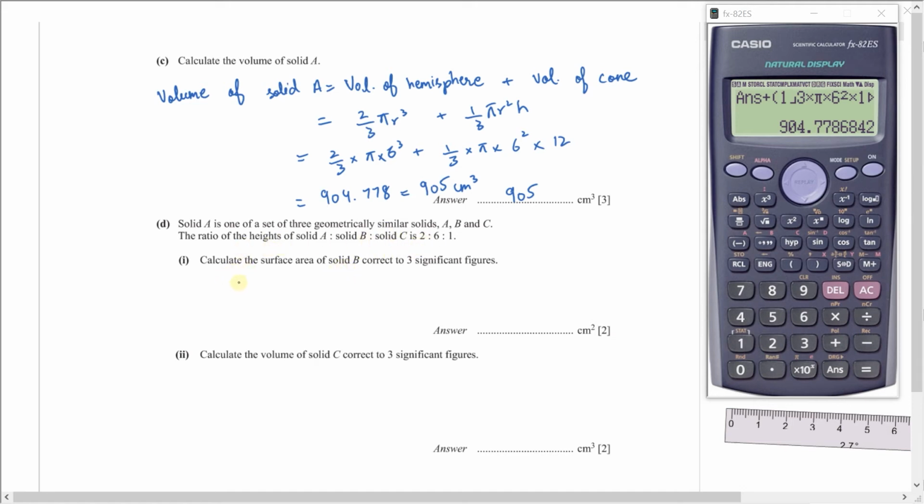So that means height of B squared divided by height of solid A squared will equal area of solid B divided by area of solid A.